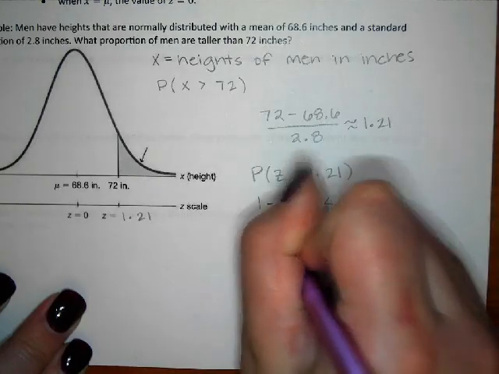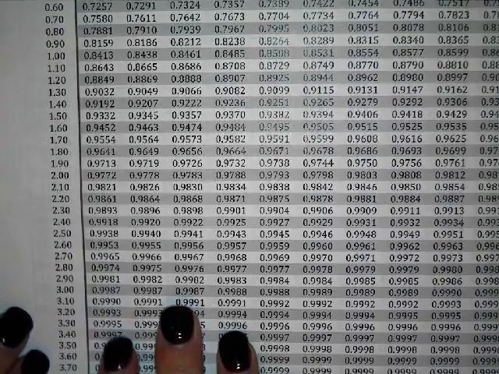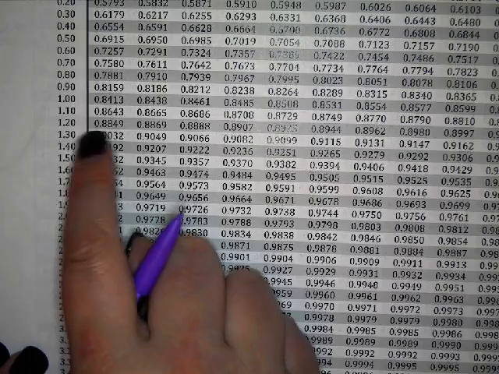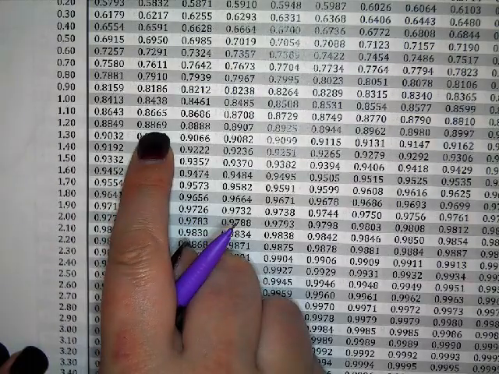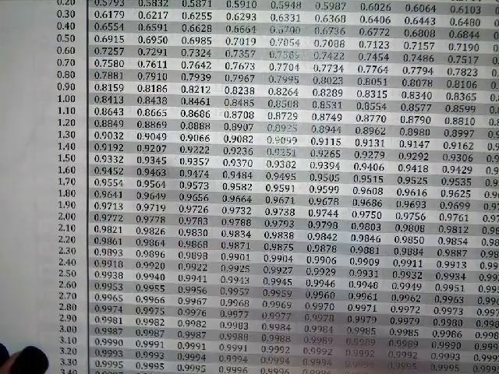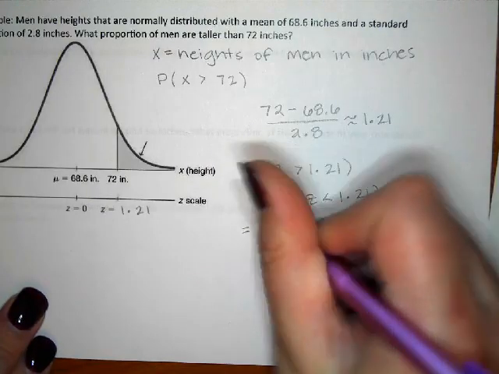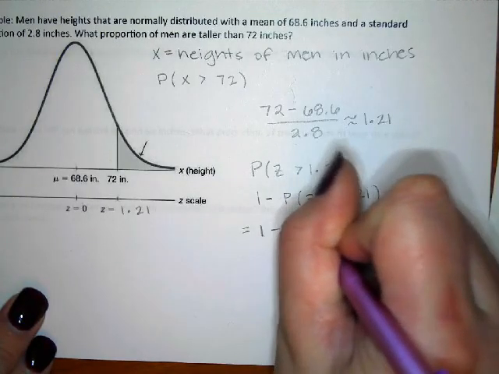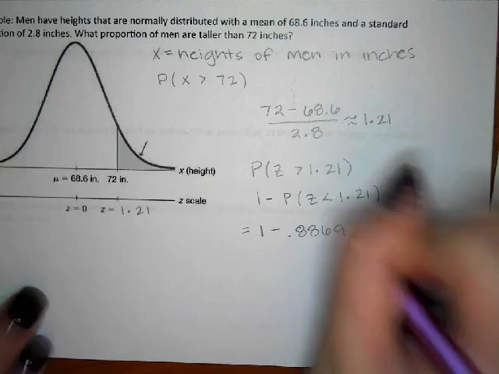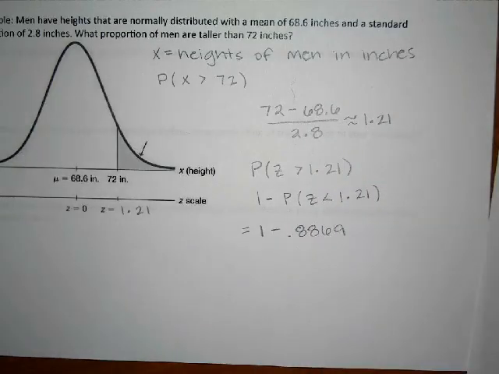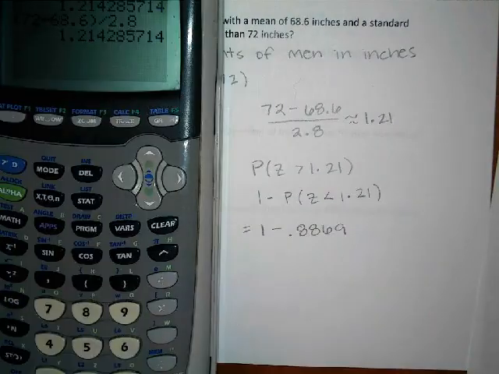So 1 minus the value for 1.21 would be 0.8869. And then I can go ahead and subtract.